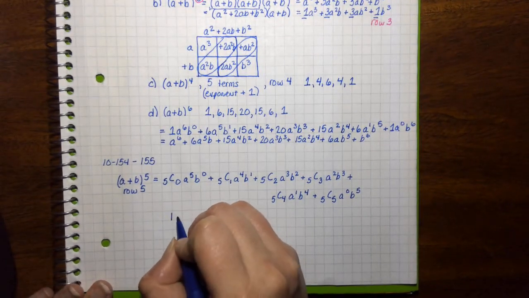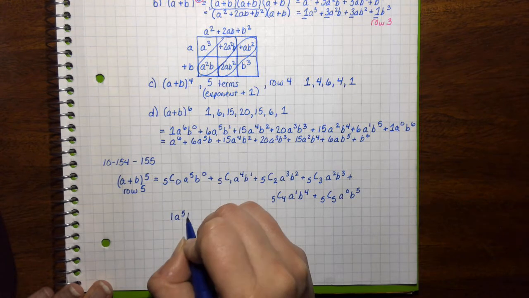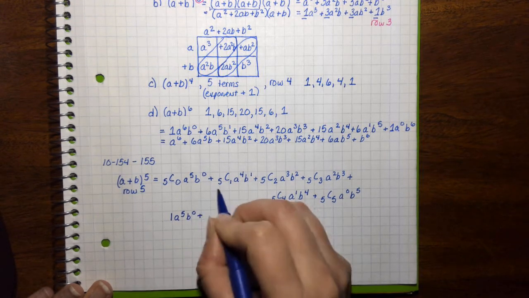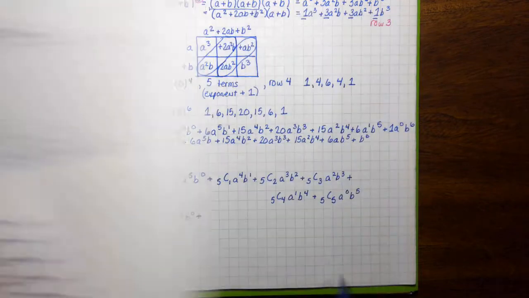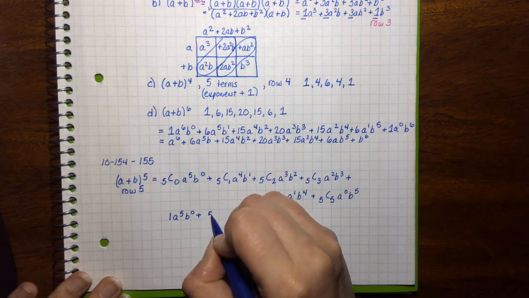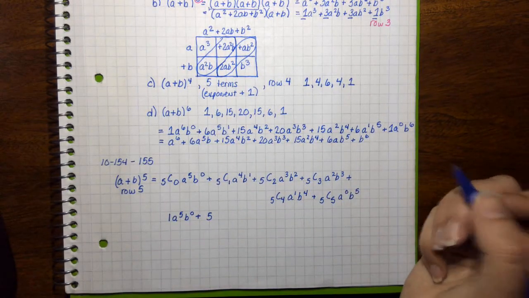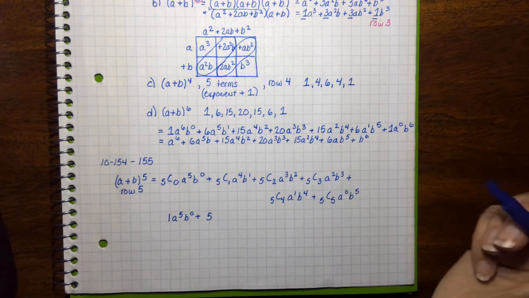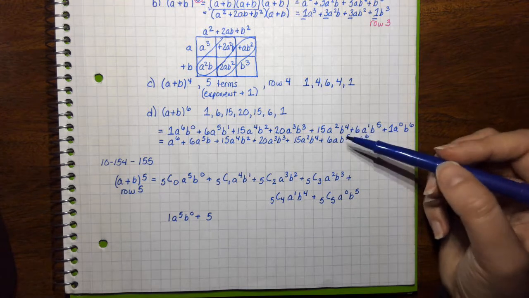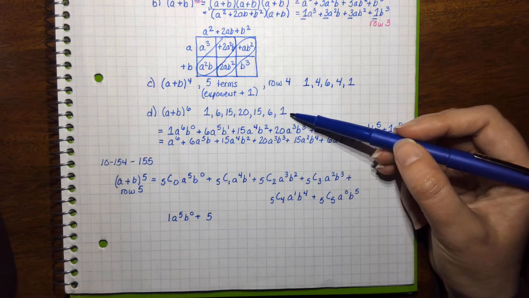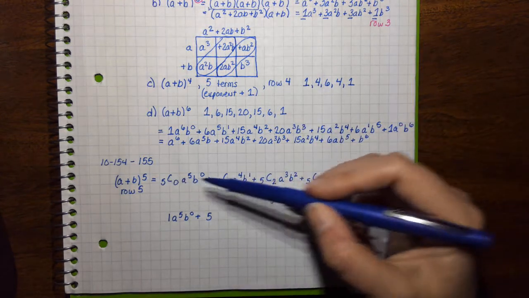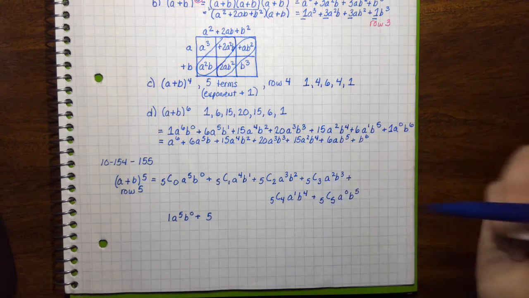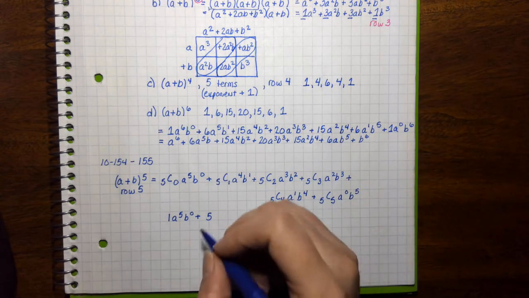So 1, a to the fifth, b to the 0 plus 5C1. 5C1 is 5. You might be asking yourself, why is she doing this when it's the same thing as Pascal's triangle? It is. I'm just showing you that there's two different ways. This one kind of requires you to have the triangle on hand. This one you can use your calculator to find the leading coefficients if you don't have the triangle.